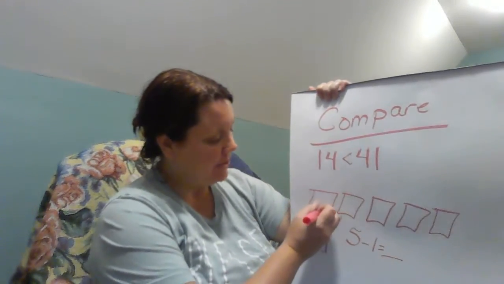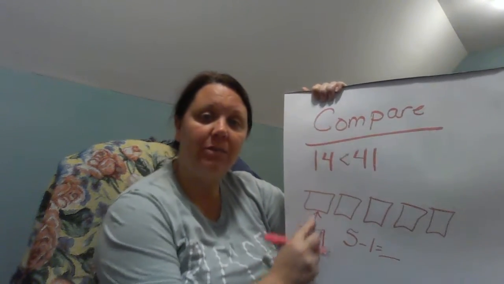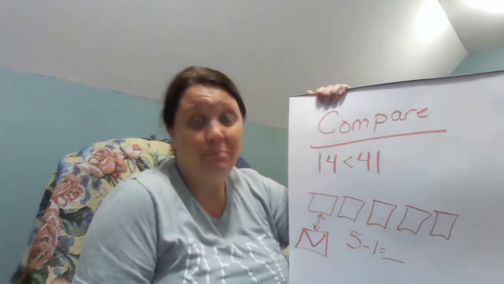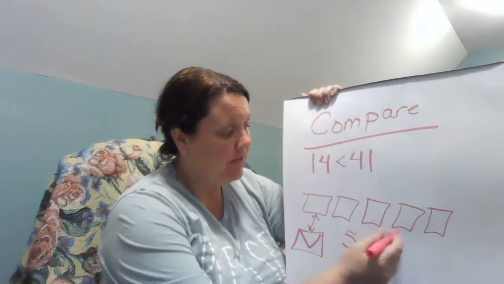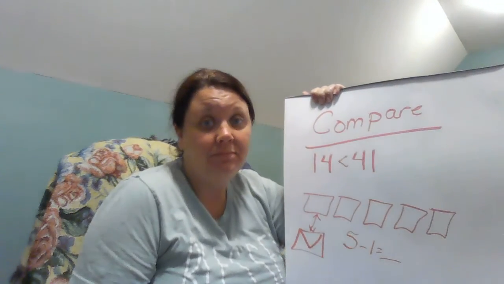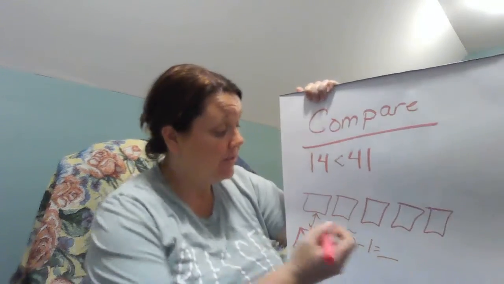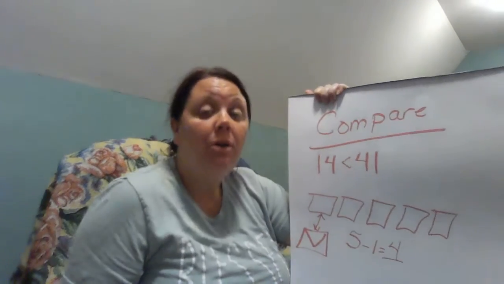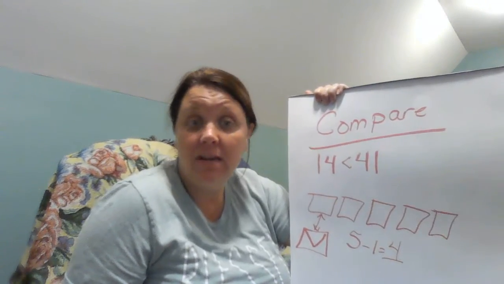We can match this envelope to this card because those are the same. 1 envelope, 1 card. But these are not the same. These are the cards that are left without an envelope. So if you said 5 minus 1 equals 4, you are correct. We would need 4 more envelopes.